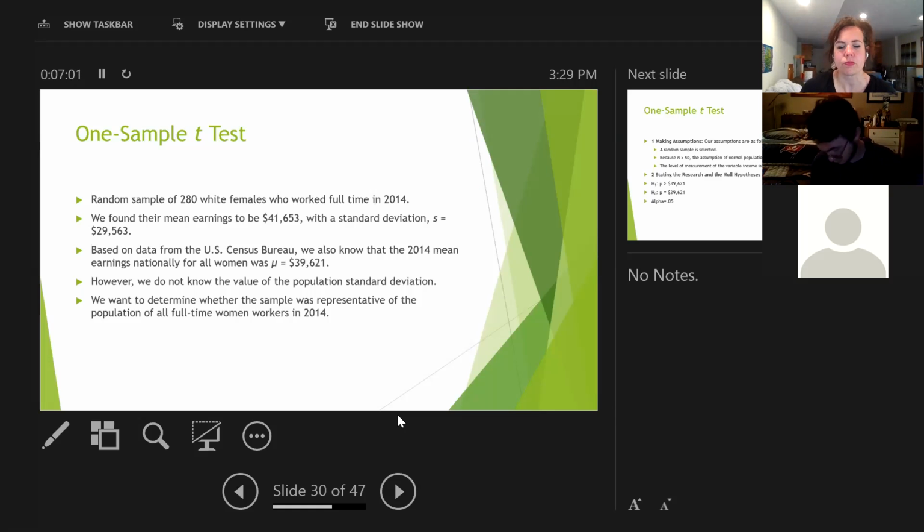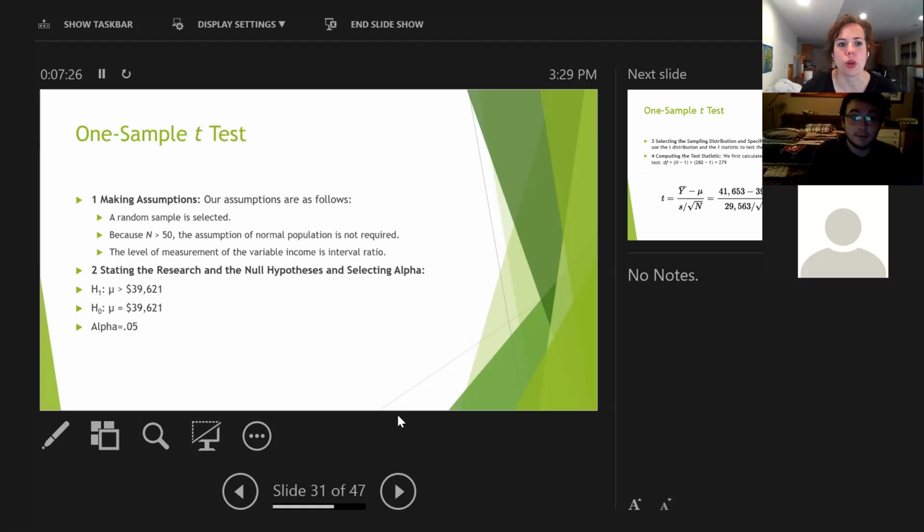We want to determine whether the sample was representative of the population of all full-time women workers in 2014, right? So perhaps this is geographically interesting. If you got a sample located in Grand Rapids, let's say, and you wanted to know if it mirrored the national average. So you just want to know if it's different or is it the same? Another way to say it.